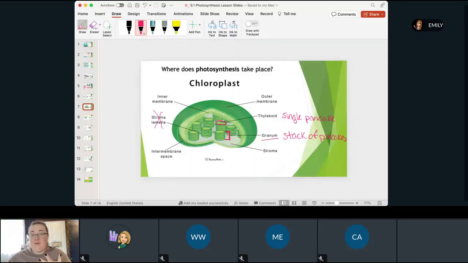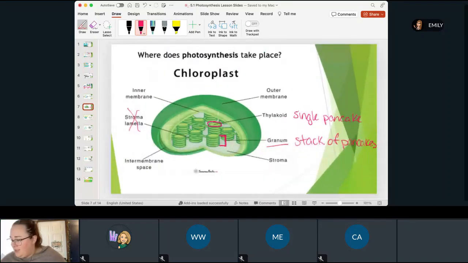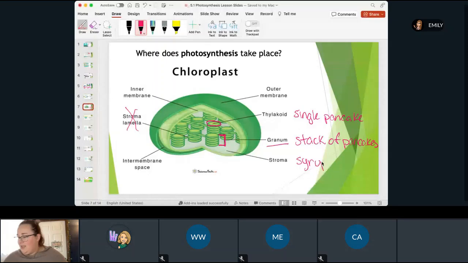So this is the syrup that fills the rest of the space. So a single pancake is the thylakoid. A stack of pancakes is the granum. And then all the space around it, the liquid all around it, is the stroma. Okay?